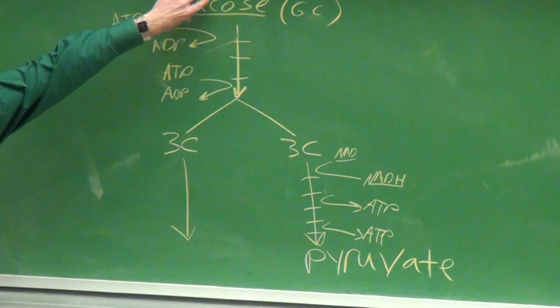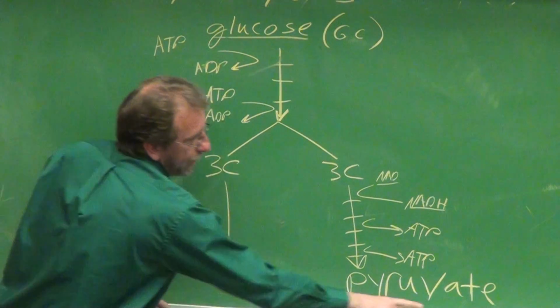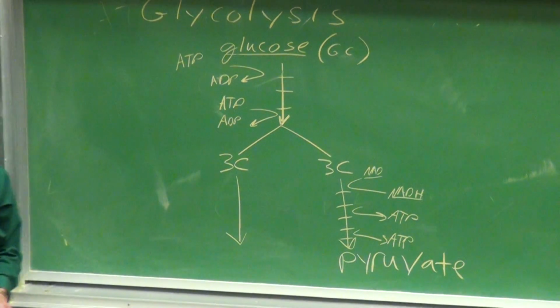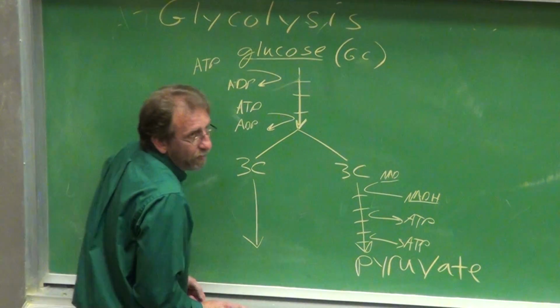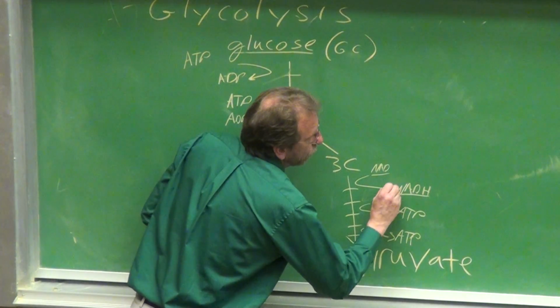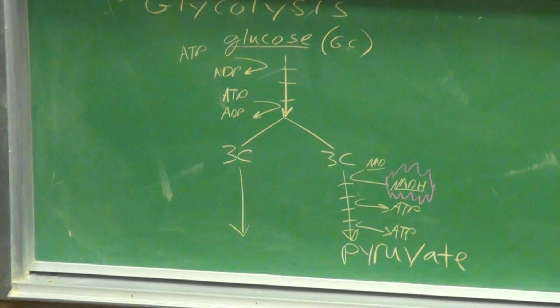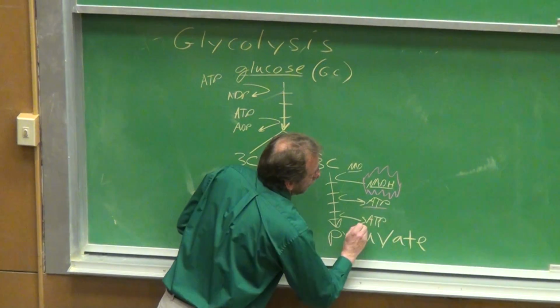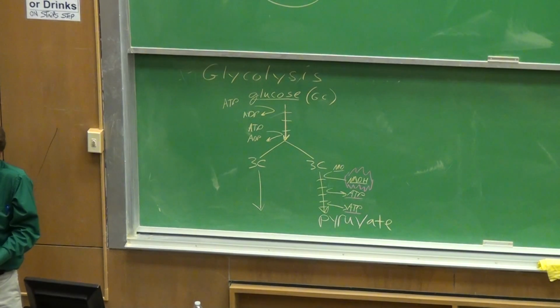So at the end of glycolysis, we've taken a 6-carbon molecule and broken it down into 2 pyruvate molecules. These are 2 3-carbon molecules, and from that, we've generated 1 molecule of reducing power and 2 molecules of ATP for each pyruvate molecule.